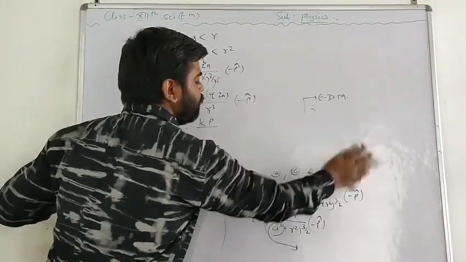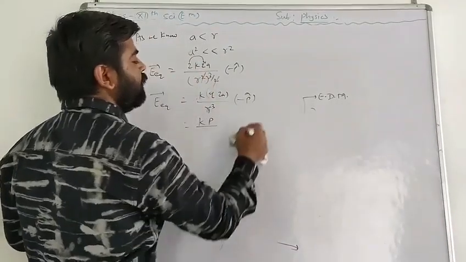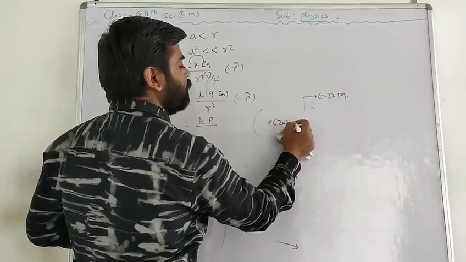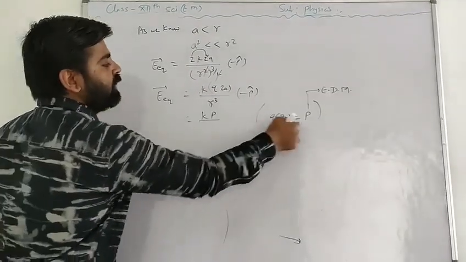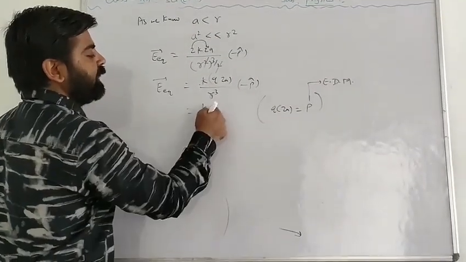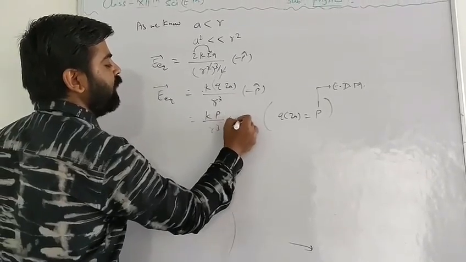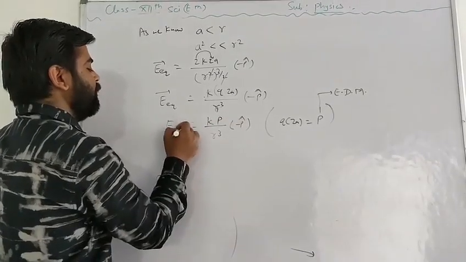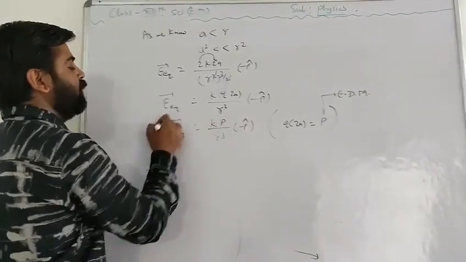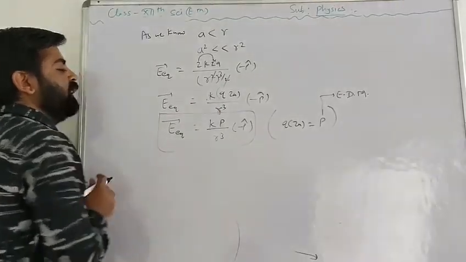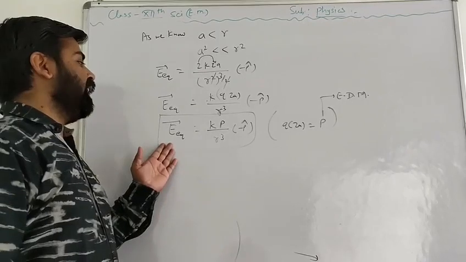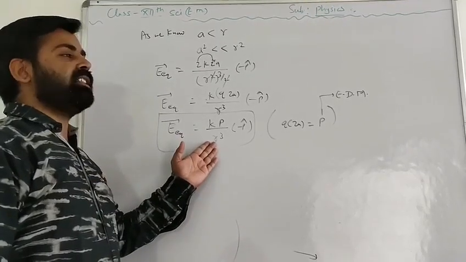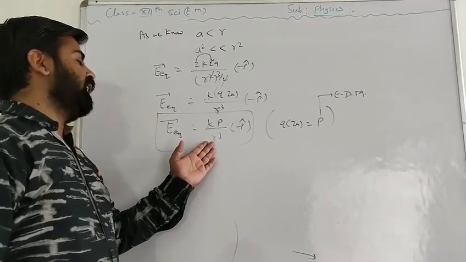So q into 2a can be rewritten as p. P is the electric dipole moment, kp upon r cube and minus pk. E equatorial is equal to kp upon r cube, minus pk. This is the final expression of the electric field intensity at small r distance from the center of the electric dipole.